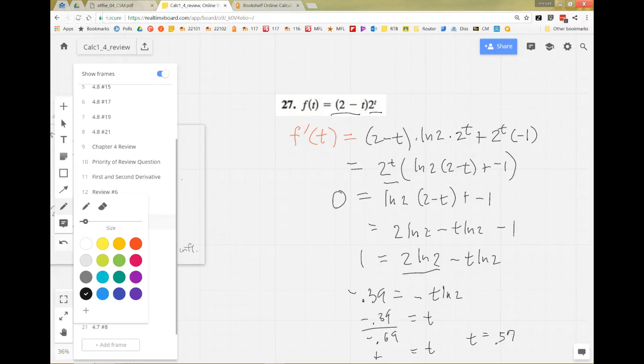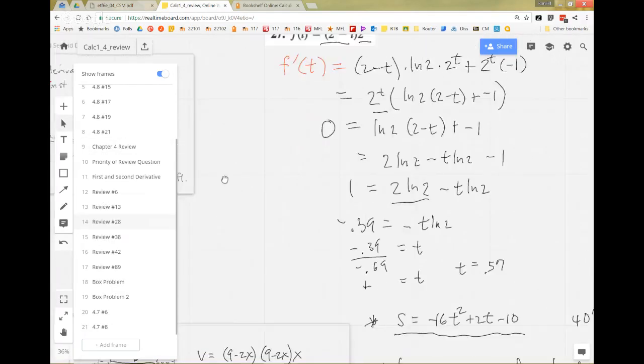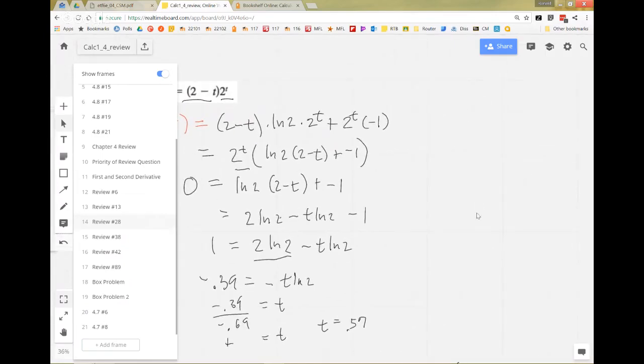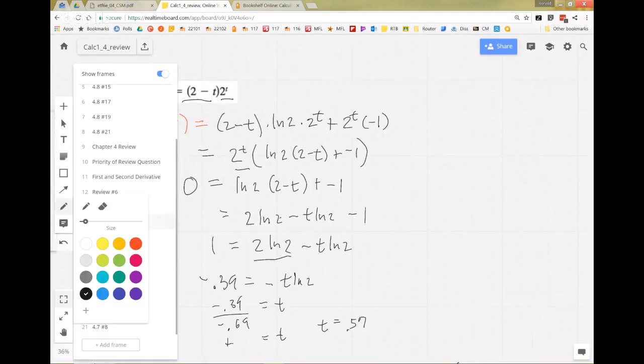So now we've got the dividing line. So now you kind of set up your fence posts. I'm running out of space, so I'm going to have to go to the right here. So you set up your critical value of 0.57. So now you got to take a number less than 0.57 and a number greater than. And we want to know the derivative.